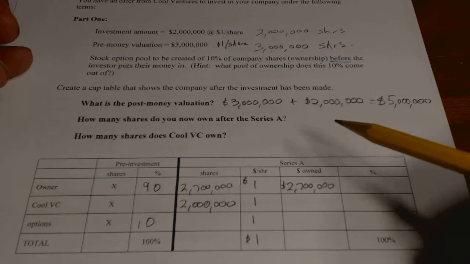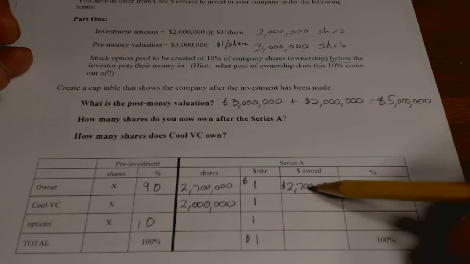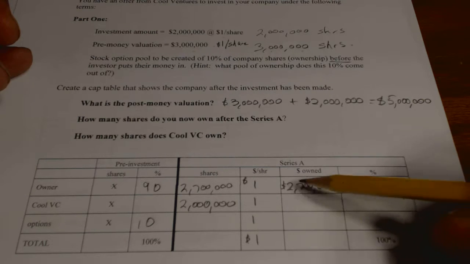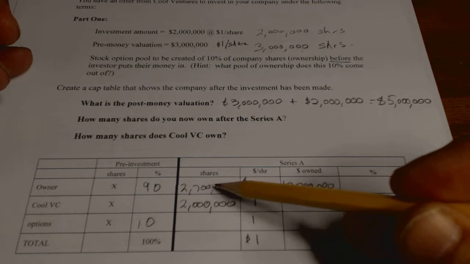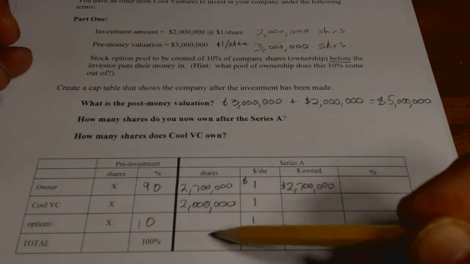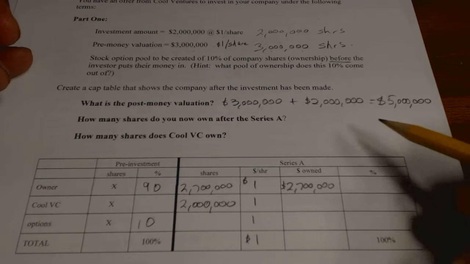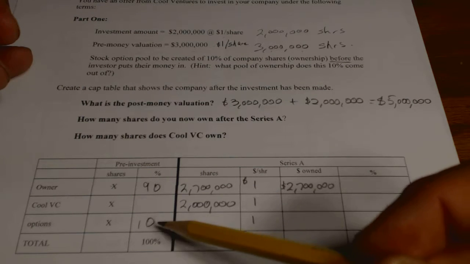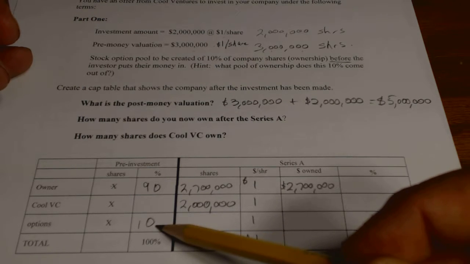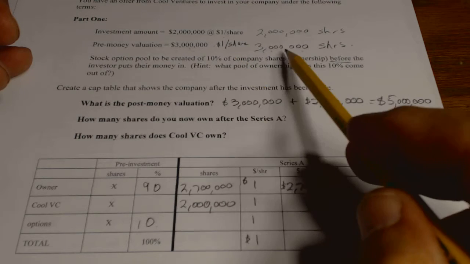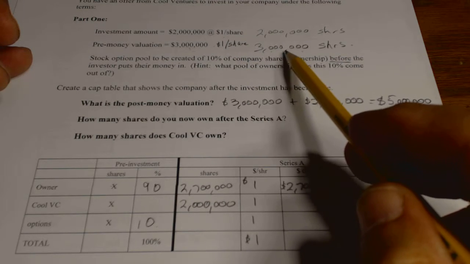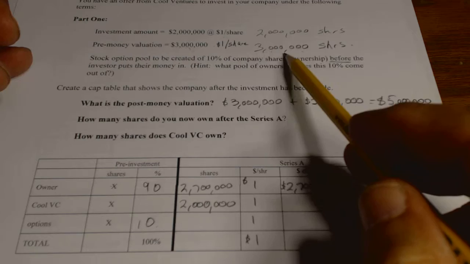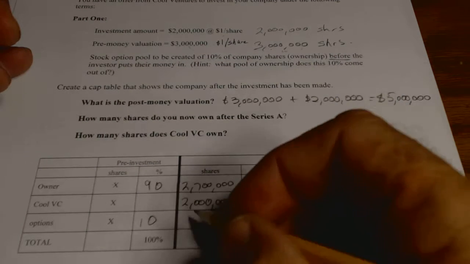You can do percent owned two ways: either your percent of dollars owned, because it's just share price times the shares, or the percent of shares you own. Okay, so now, what was their 10% that they owned? Well, it was $3 million at $1 a share, 3 million shares before they made the investment. You had 3 million shares, so 10% is 300,000.